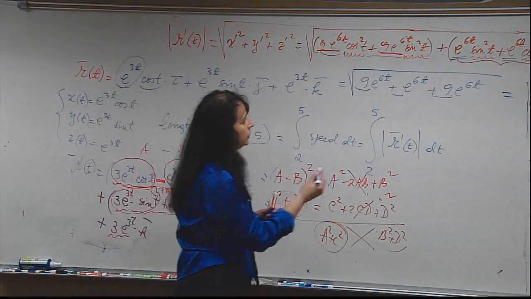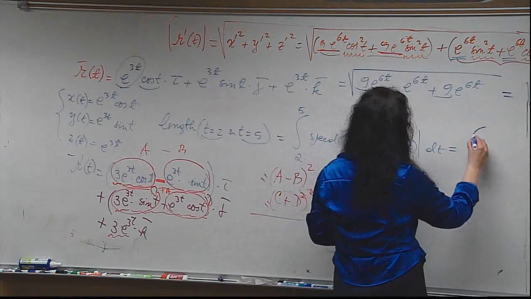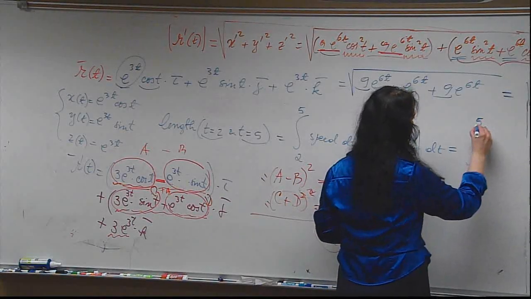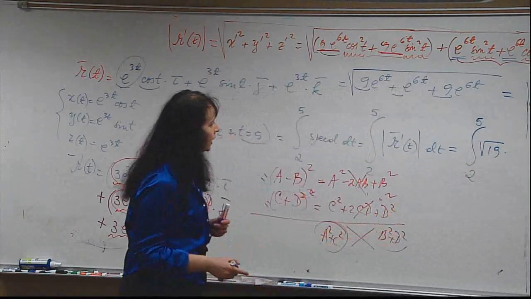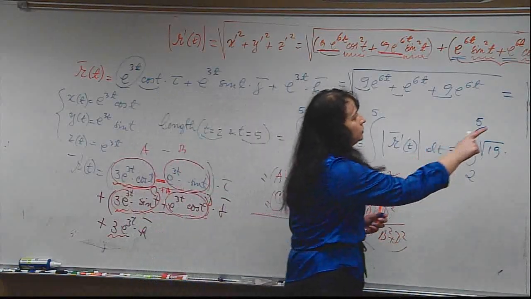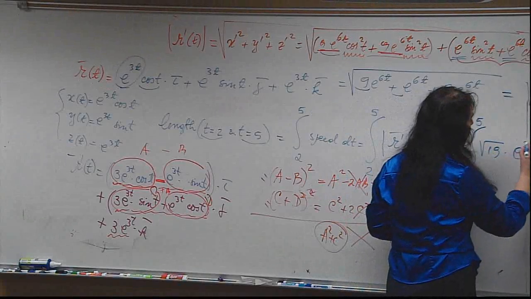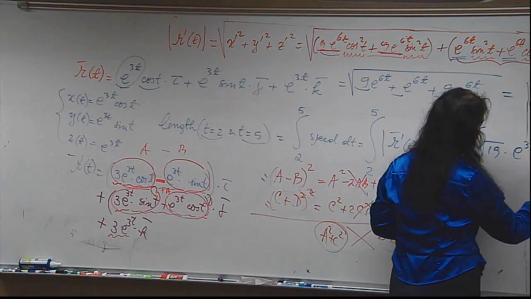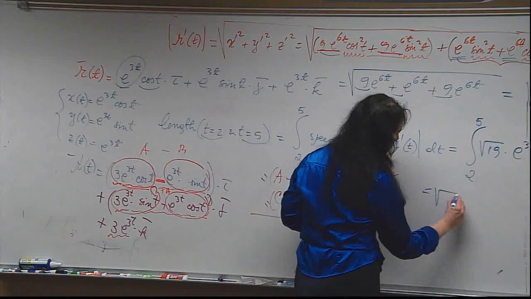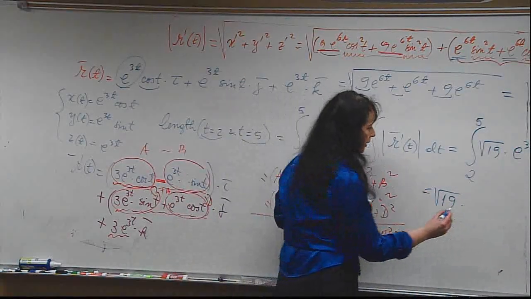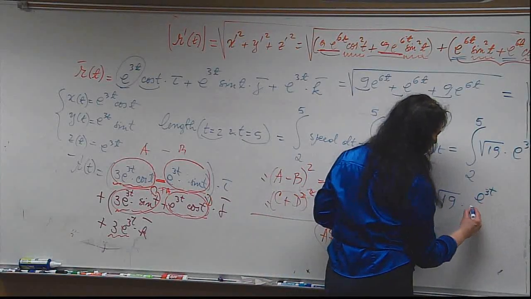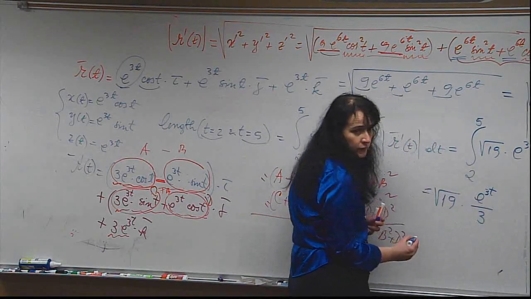So, when we integrate, we go integral from 2 to 5, square root of 19, kick him out of your life, you just make your life harder. And then you have square root of e to the 60, e to the 3t, dt. So, after you kick the guy out, you have e to the 3t divided by 3, right?